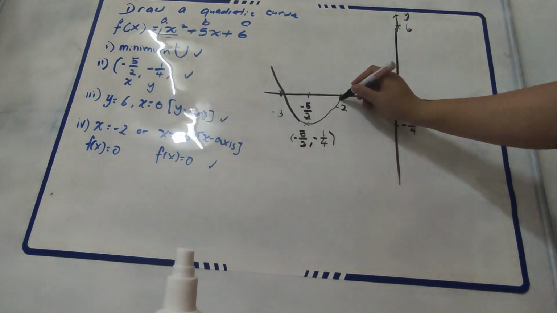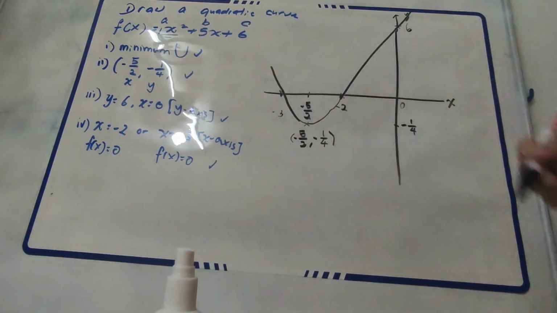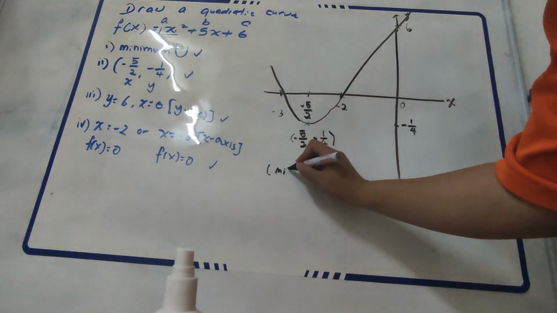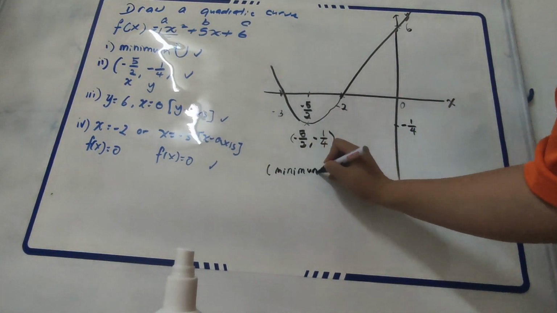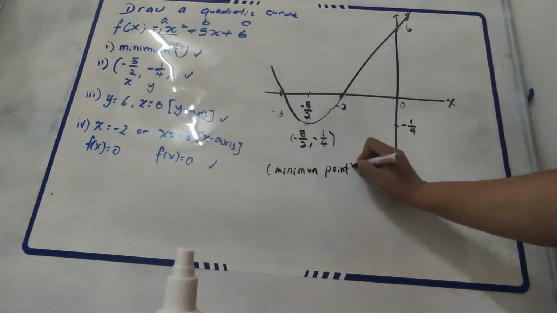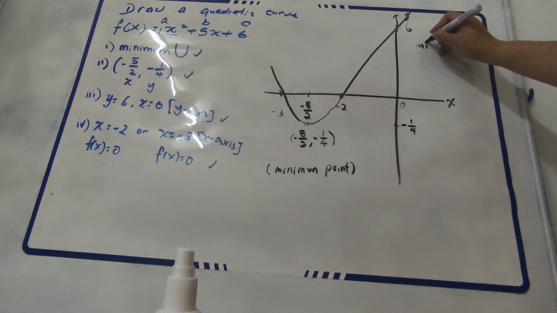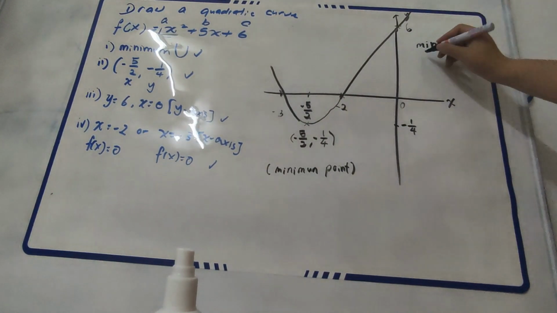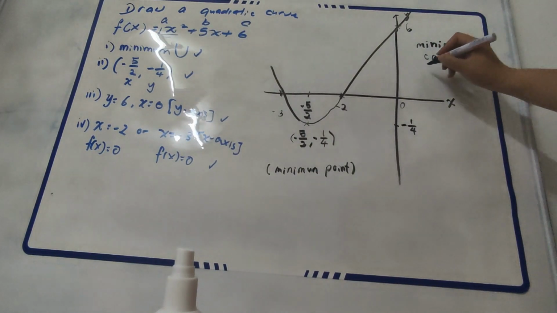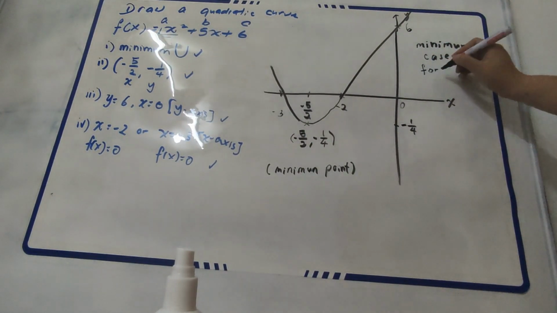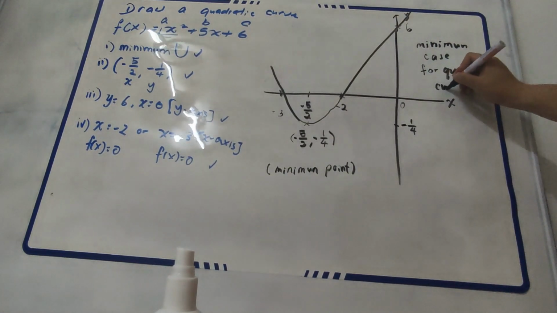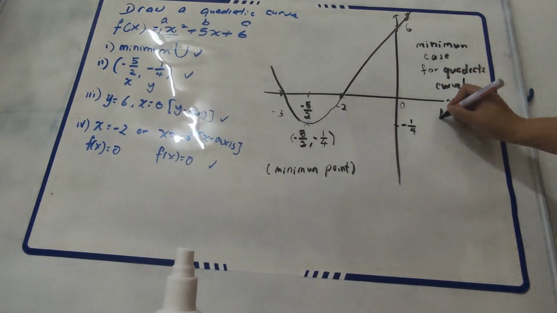Well, this is how you draw your minimum point. Okay, this is the minimum case for a quadratic curve or function.